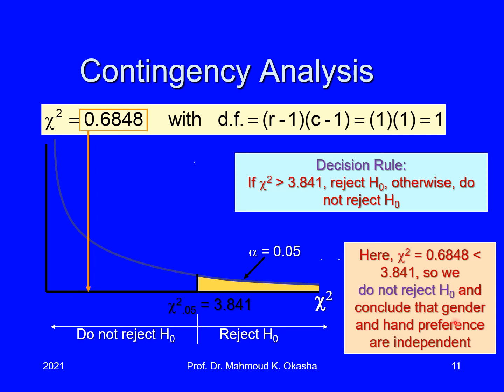That means we cannot reject the null hypothesis, and we conclude that gender and hand preference are independent. So we cannot say that there is a relationship between gender and hand preference, right?